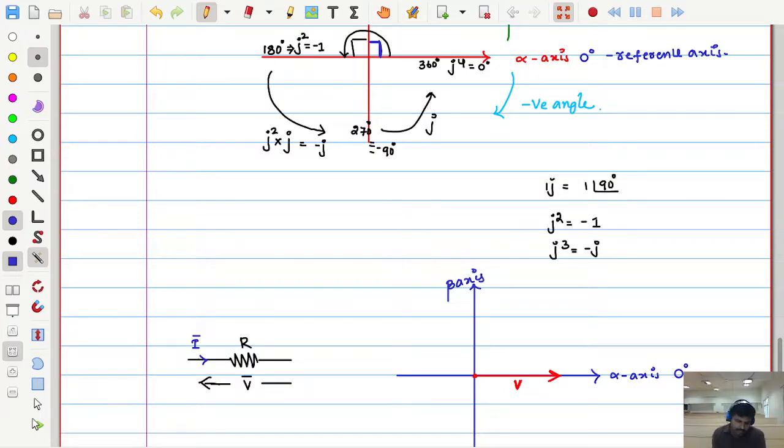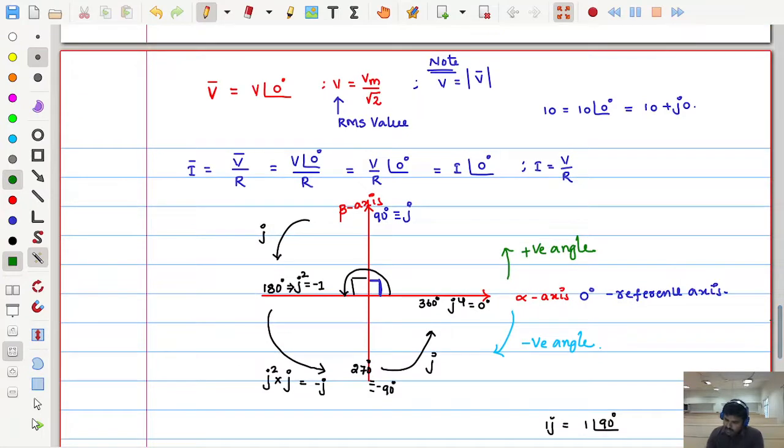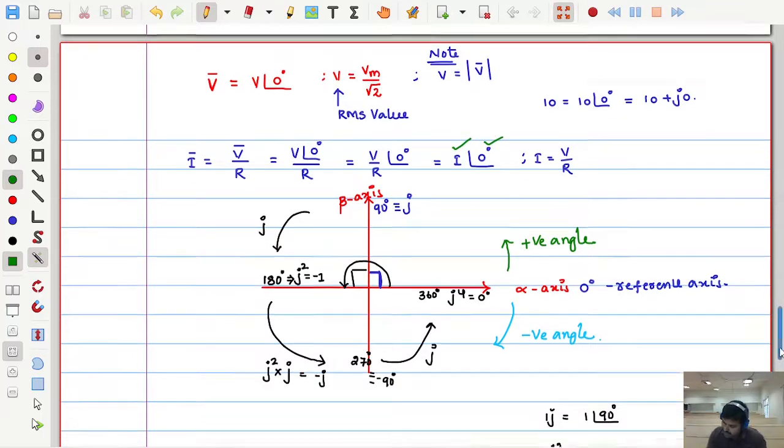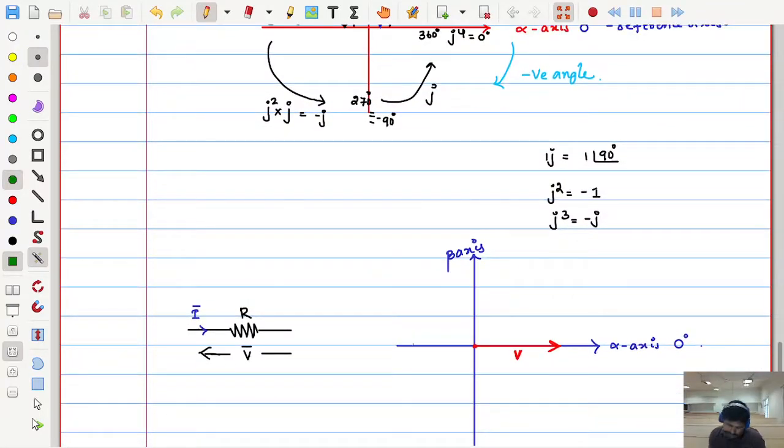Next, what about the current? Check the current. How much is the current? Current magnitude is I. Current angle is also 0 degree. That means this current phasor also should lie on the same line of the alpha axis like this.